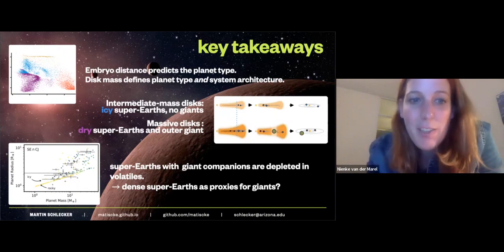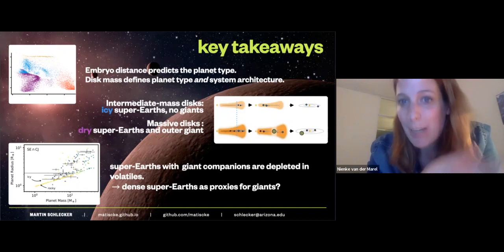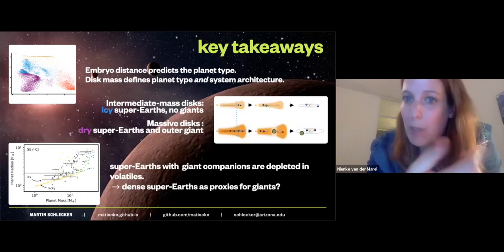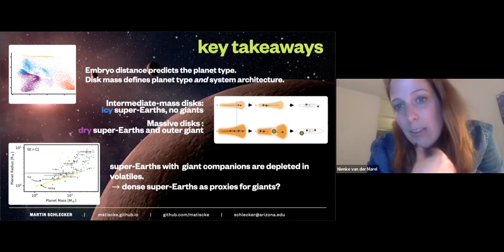I was wondering how that fits with your model and how easy it is to add occurrence rates for different stellar masses and different initial disk masses, because I think that would make the model much more comparable with what we're seeing in the disk observations.